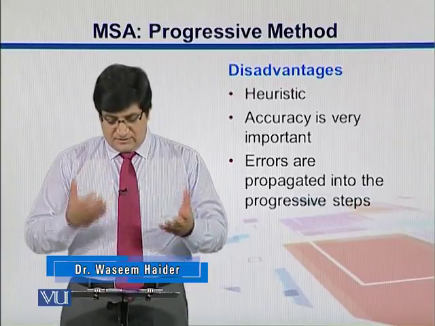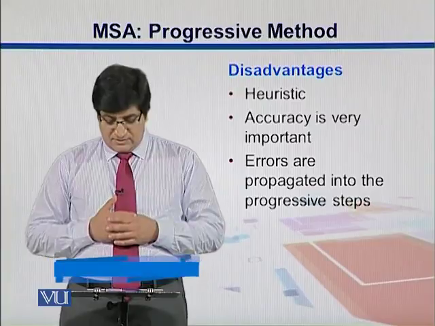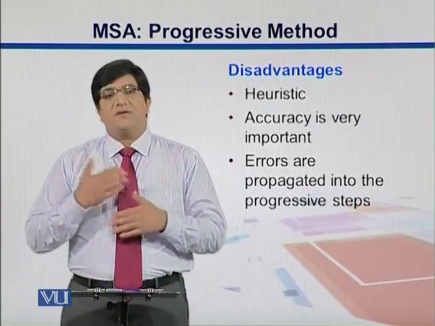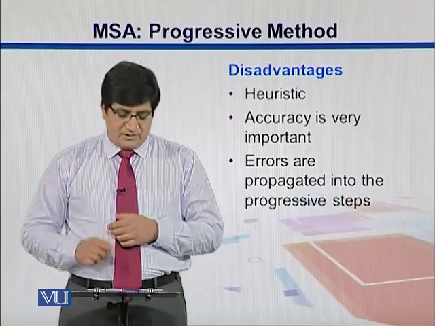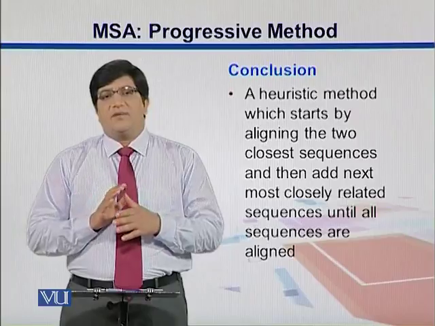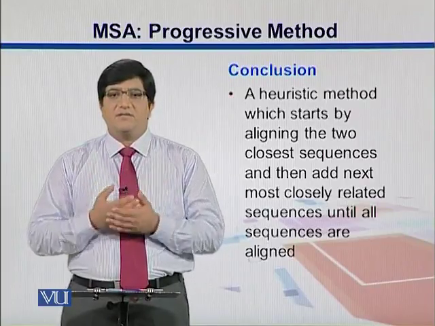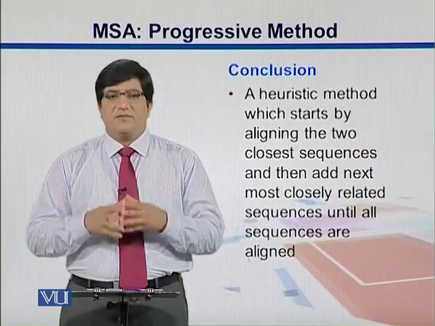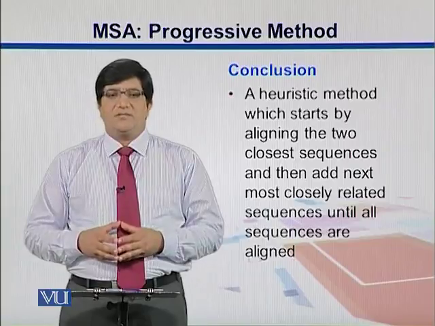So accuracy is sometimes a concern if you are using these methods. Sometimes there might be errors incorporated by the different steps you follow in this algorithm. Overall, progressive alignment is a heuristic method. We progressively align the sequences, come up with a tree, and use that tree as a guide to do the multiple sequence alignment.